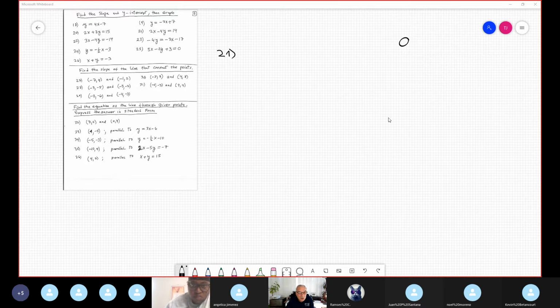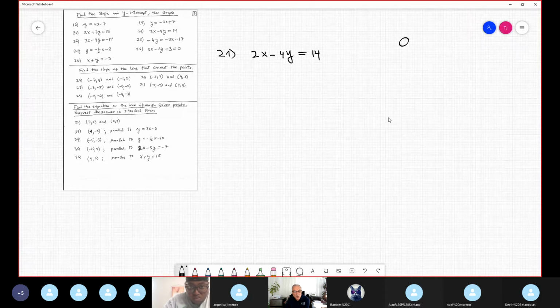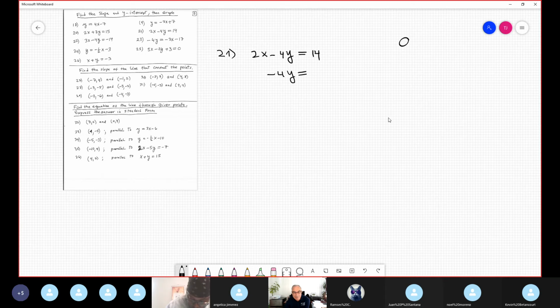We see 2x minus 4y equals 14. Okay, what should I do? You should solve for y. So, minus 4y equals minus 2x plus 14.